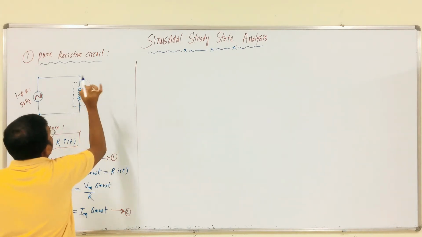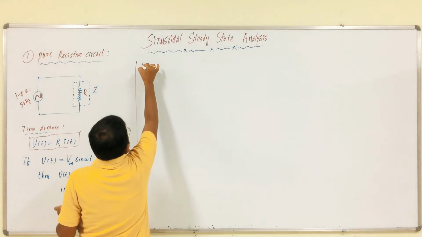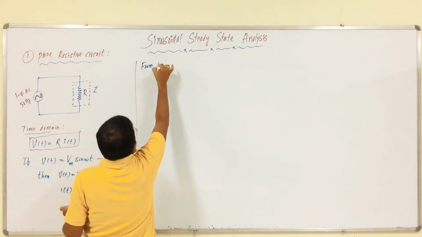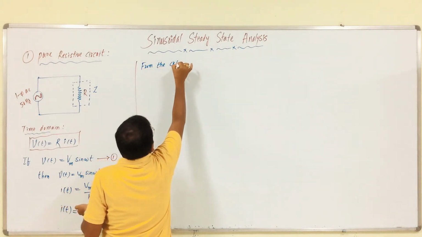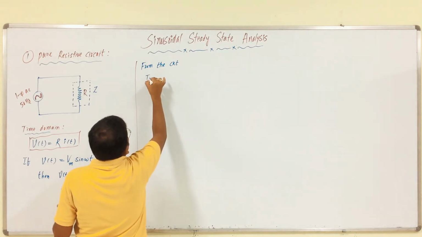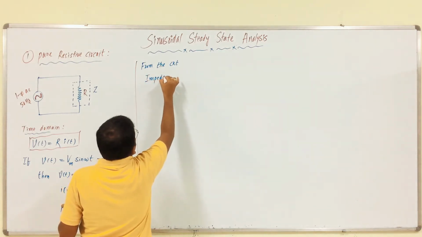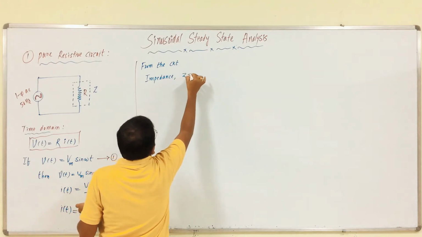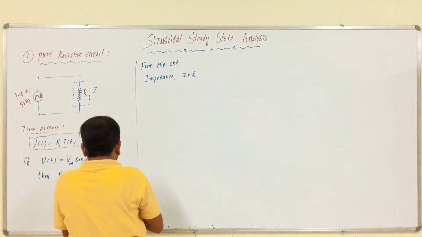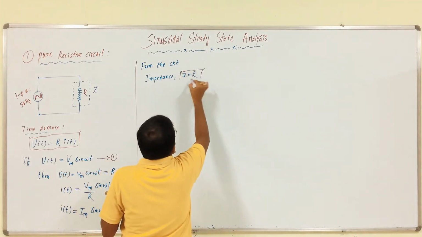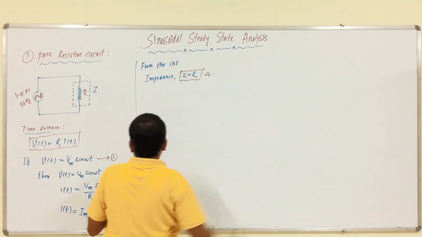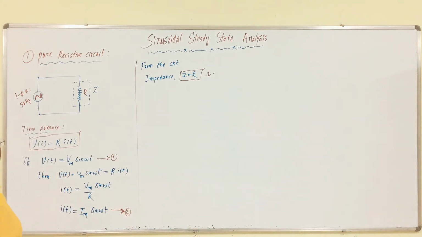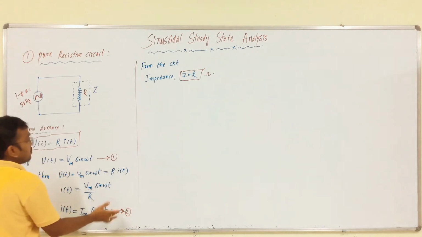This is Z. From the circuit, the impedance Z equals R only, in ohms. Clear? Up to this point is clear.